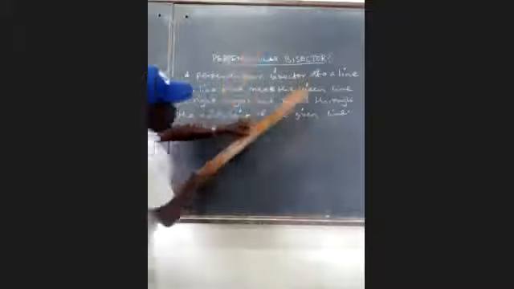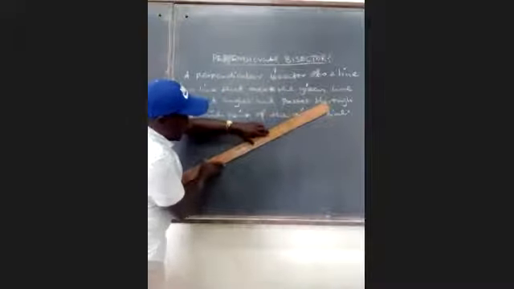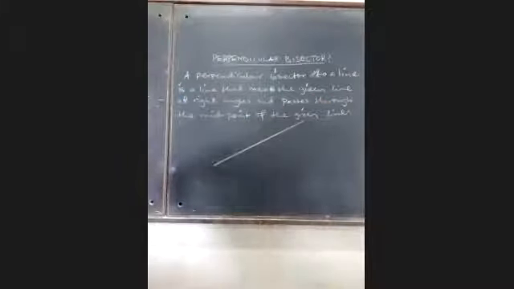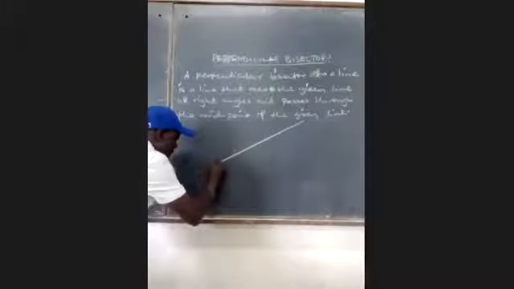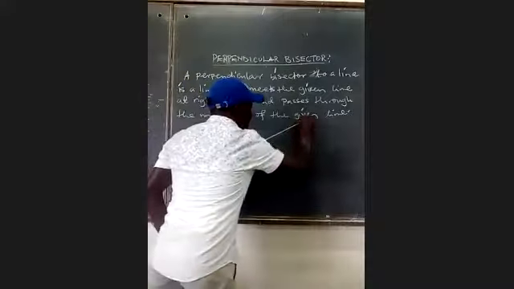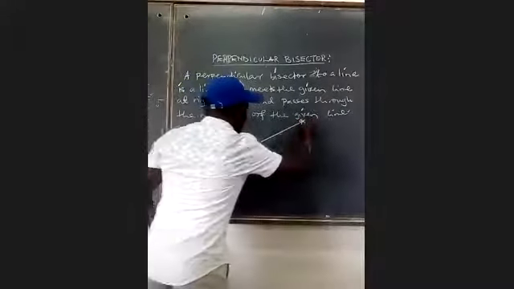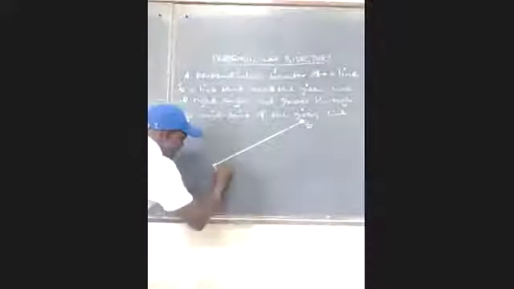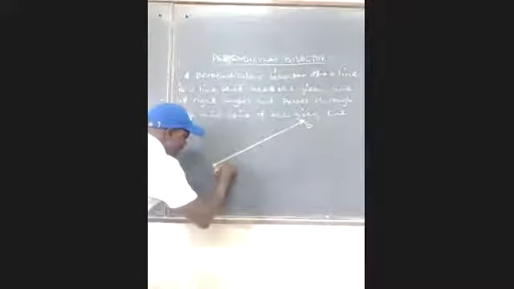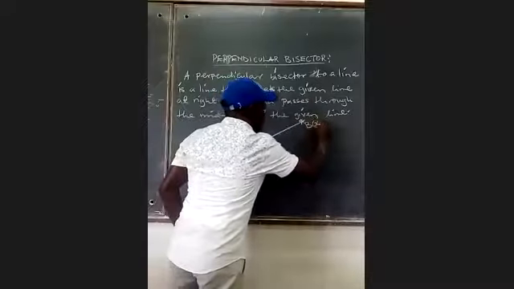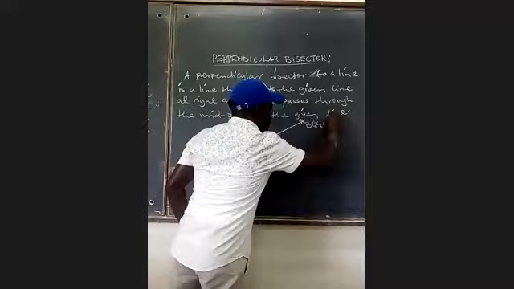If, for example, I want to illustrate it here, if I have this line, say line AB, this is A, and this is B. I can have coordinates x1, y1, and then the coordinates here, x2, y2.